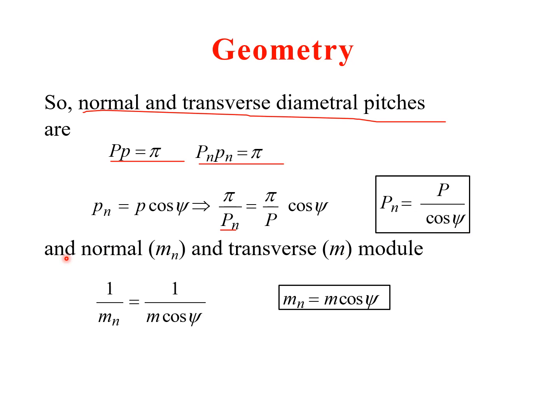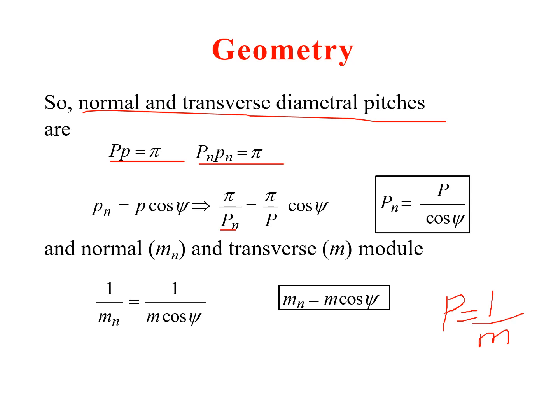Now, to write this in terms of module, we know that the diametral pitch is the reciprocal of the module. So P is nothing but 1 by M. Similarly, Pn can be written as 1 by Mn.